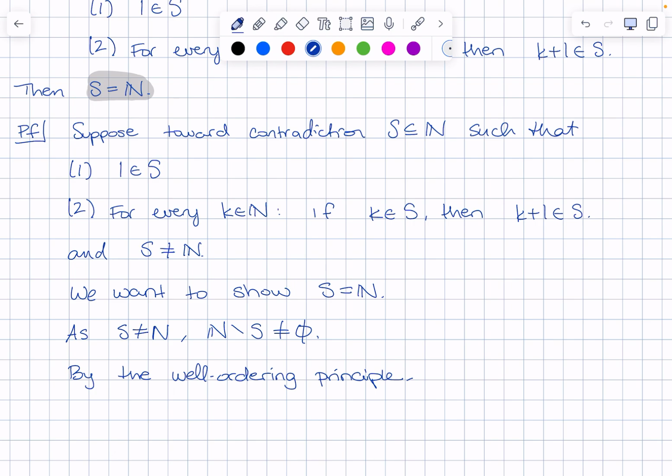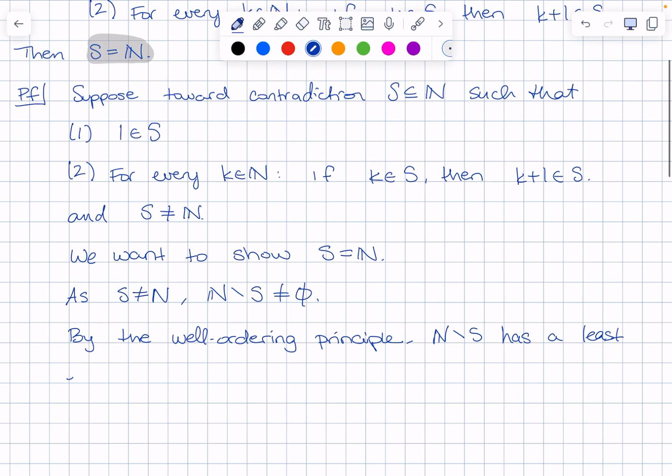There's a least element. So N minus S has a least element, M.